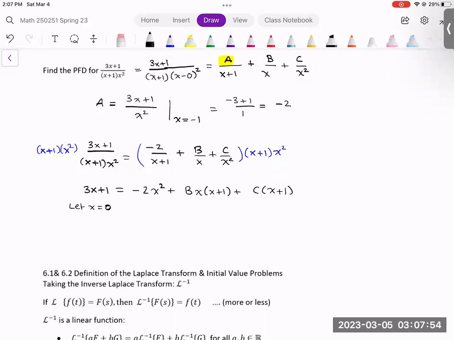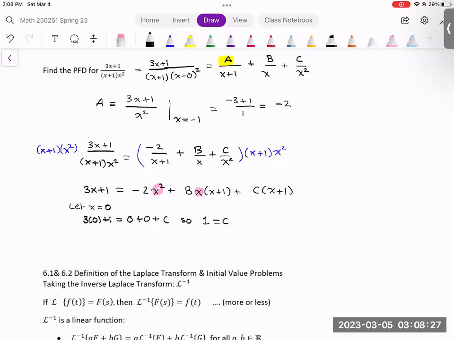Okay, so let's let x equal 0. We're choosing that because it's a 0 of these terms. And so when we plug it in, all that we'll be left with is c. So that tells us 3 times 0 plus 1 is equal to 0 plus 0 plus c times 1. So 1 equals c.